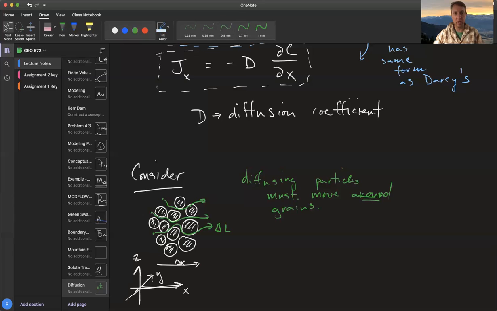So there's two things that the grains do. First of all, they make the path longer, and second, they limit the area across which diffusion can occur.